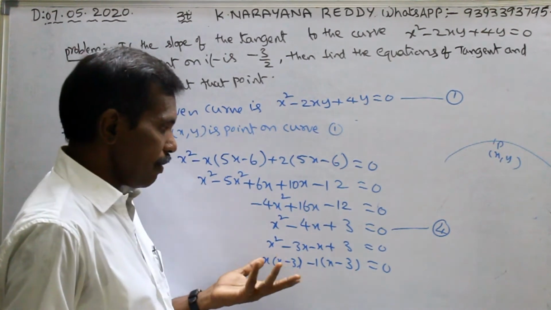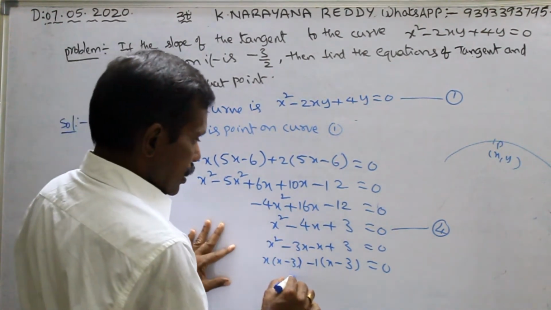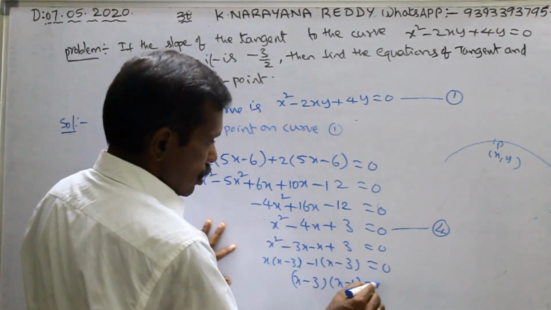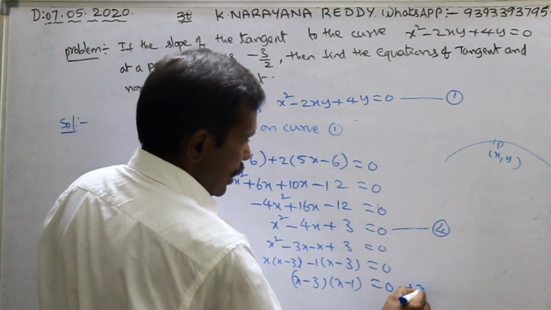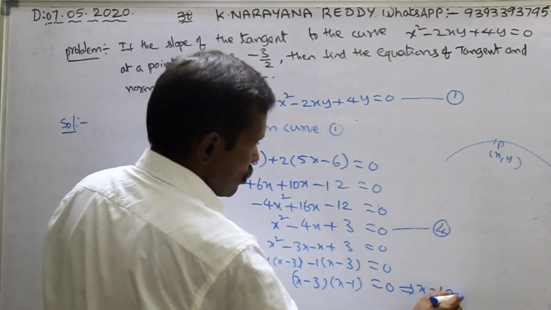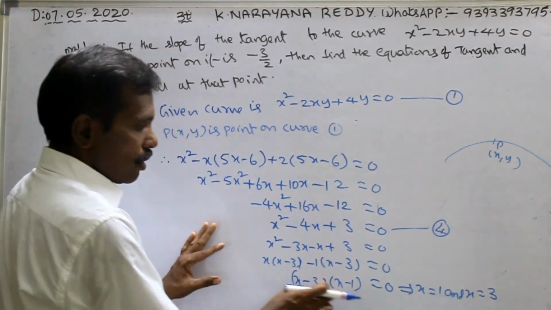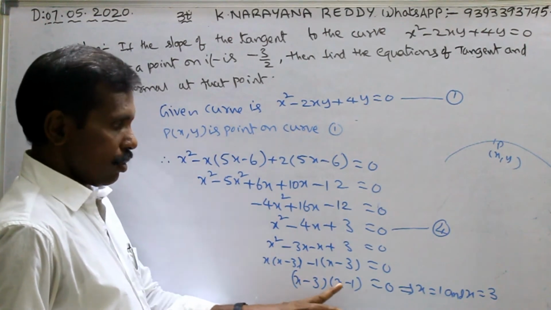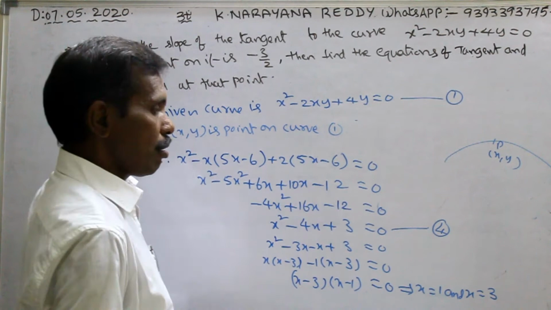If you have any doubt, see my past videos. (x minus 3) into (x minus 1) equals 0. That implies x equals 1 and x equals 3. Minus 3 goes to the right side, that is plus 3. Minus 1 goes to the right side, that is plus 1.